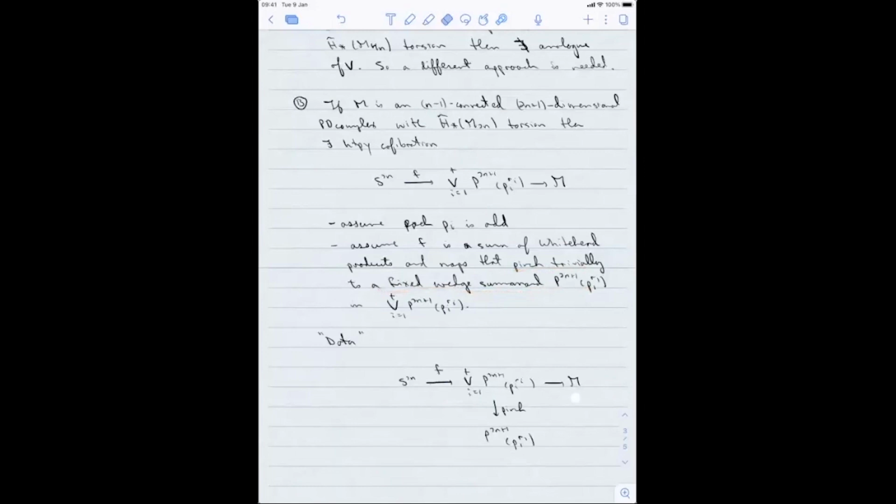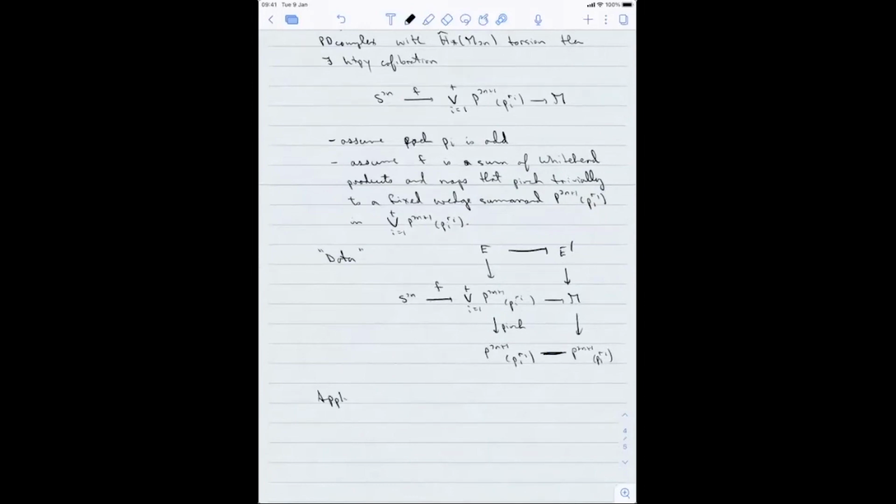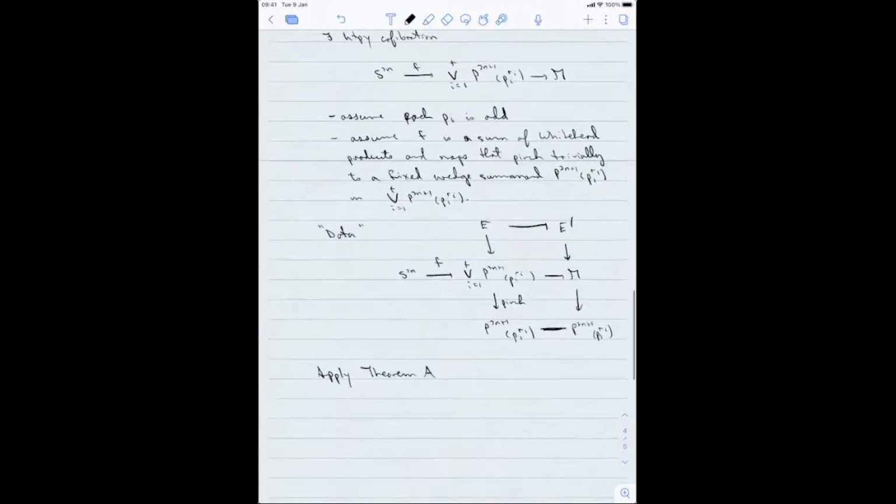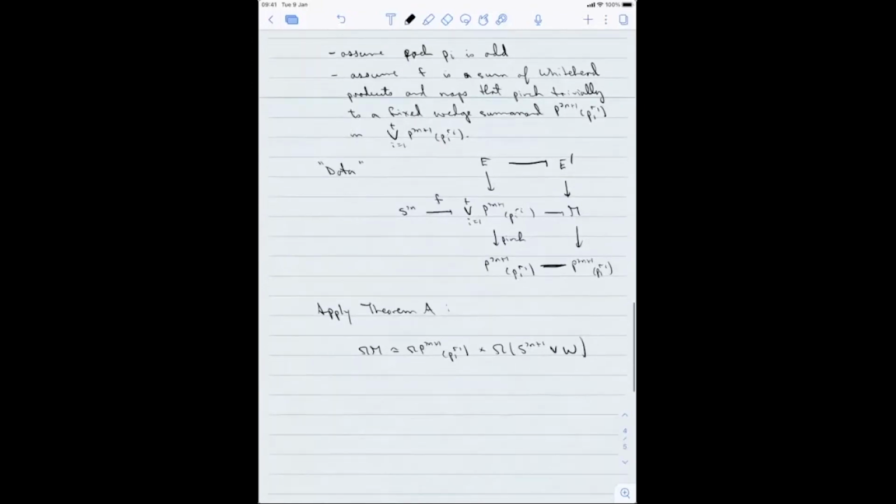So there'll be an extension across to the cofiber. And then you could take fibers and apply theorem A. And you end up with loop M being loop on this fixed Moore space across the loop of a sphere, wedge a large wedge of Moore spaces.